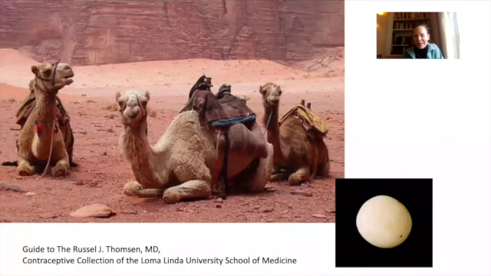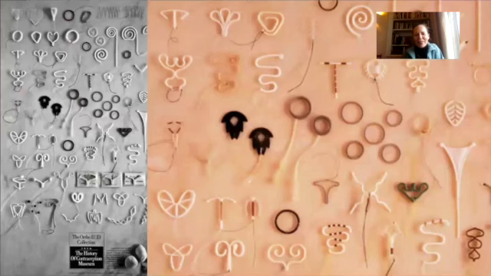Over the years, starting in the early 1900s, there were many variations of IUDs that were developed. You can see here from one of the IUD collections in the museums just how many variations on the theme were tested at various times.